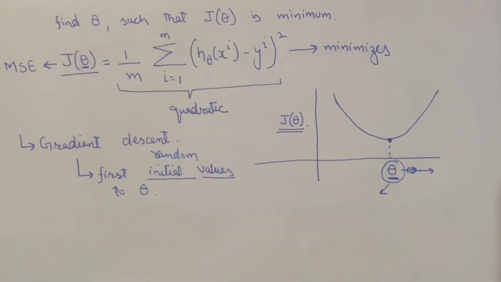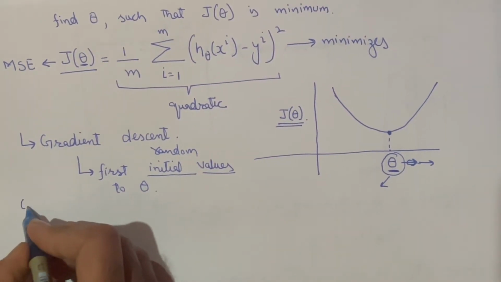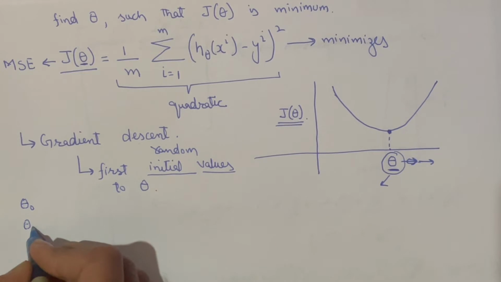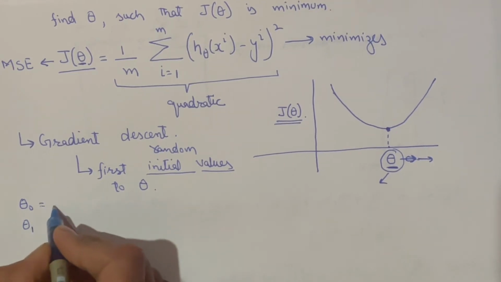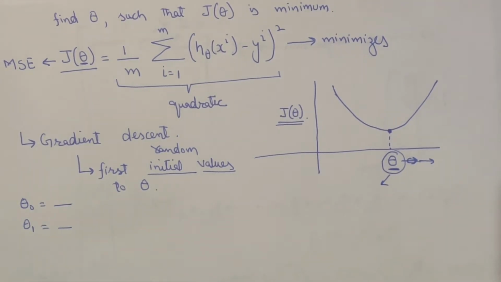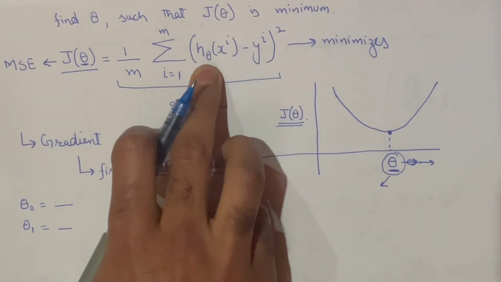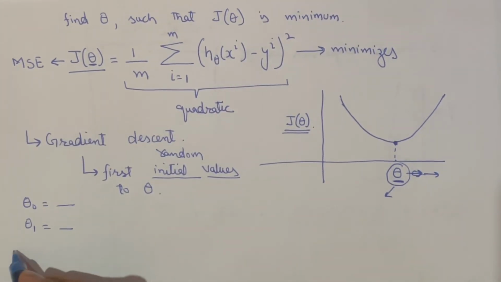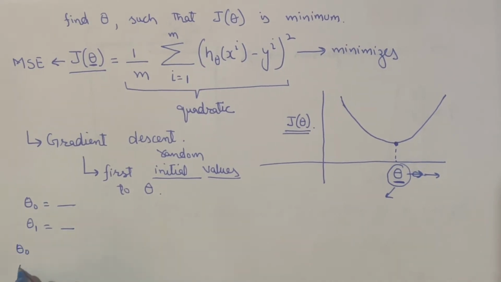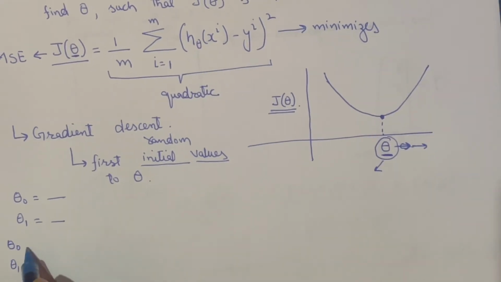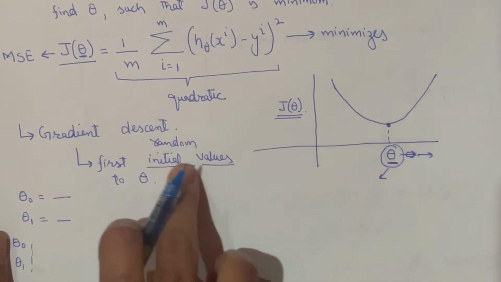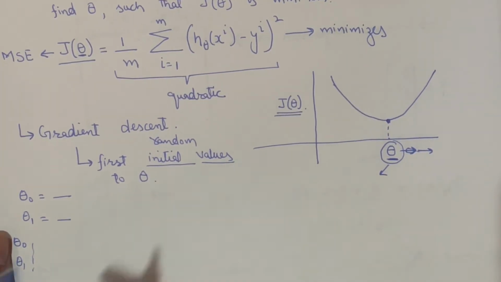Let's suppose my theta has two variables, theta 0 and theta 1, so each is given one value. In general there are n plus 1 thetas, theta 0, theta 1 and so on. So we will initialize all these thetas with some random or initial values.